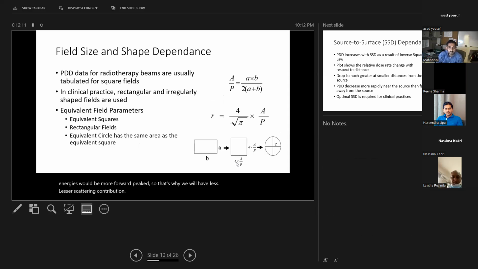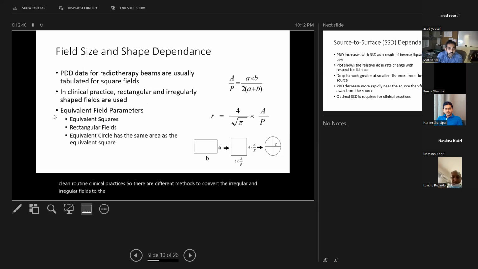Continuing with the field size and shape dependence, the standard PDD data for radiation therapy is mostly tabulated for square fields. But in routine clinical practice, we use rectangular or irregular fields. So there are different methods to convert rectangular and irregular fields to square fields.